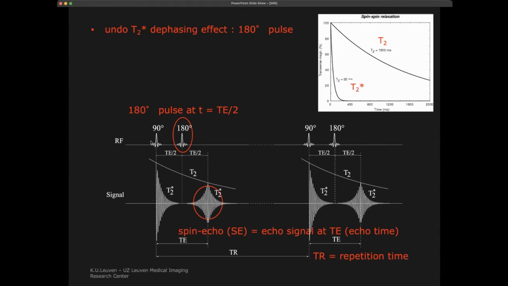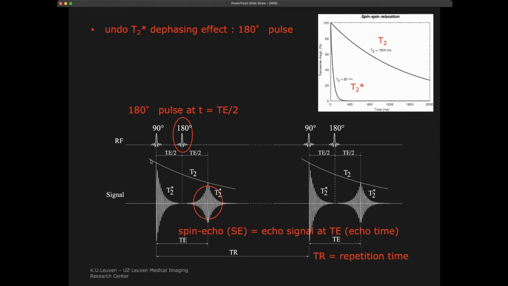We first have a 90-degree pulse, and then the signal will go down very fast because of this T2 star effect. Then we flip it, and we let the signal go up again for exactly the same amount of time. And now the only thing that we measure is the slower T2 effect. The T2 star and the T2 happen at the same time.